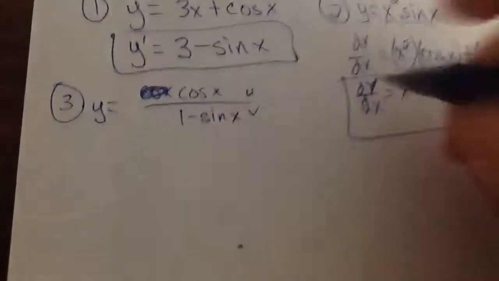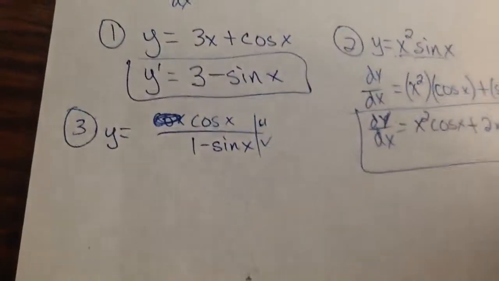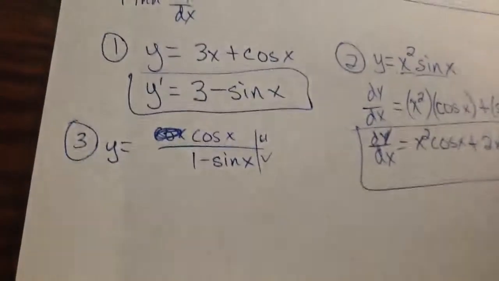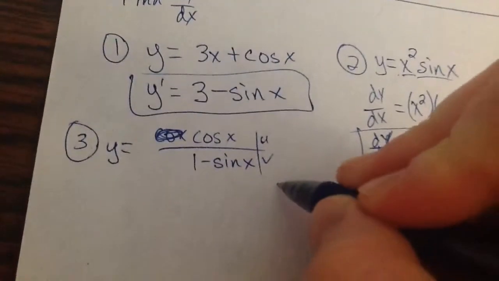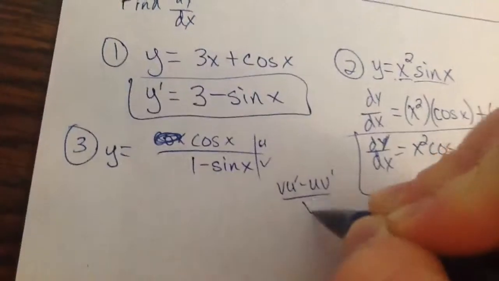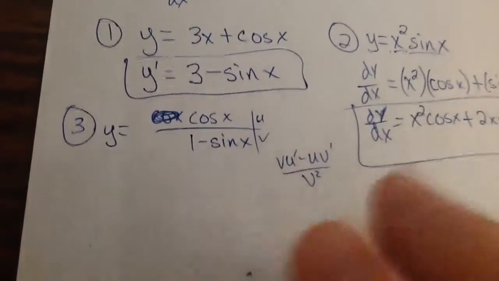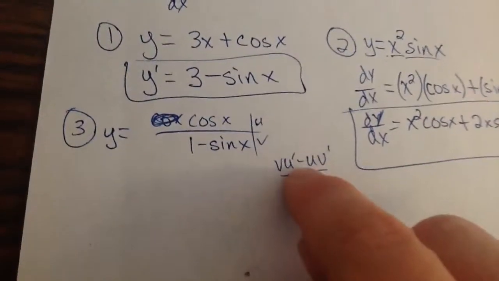Some of you got quotient rule wrong on your quiz. You got it backwards. That's just lack of memorization. My way is low d high minus high d low over low squared. Some of you switched this one and this one, which makes the whole thing wrong because then you're subtracting the wrong one.